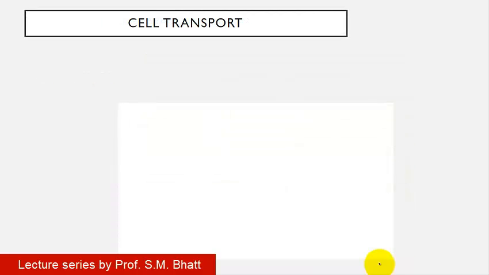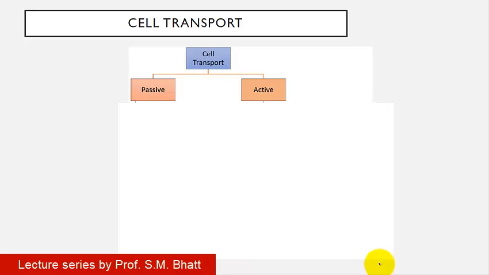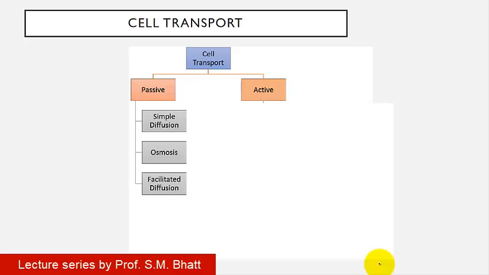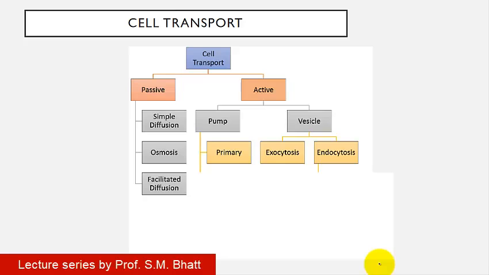So in the classification of cell transport, there are passive and active. Passive includes simple diffusion, osmosis, and facilitated diffusion, three types. Active includes pumps and vesicles. A pump can be of various types, and vesicle-based transport is also called bulk transport, where a vesicle is formed, essentially in exocytosis and endocytosis, right?